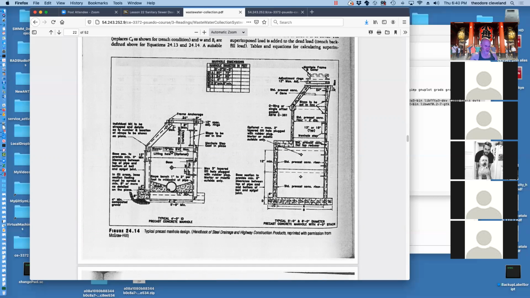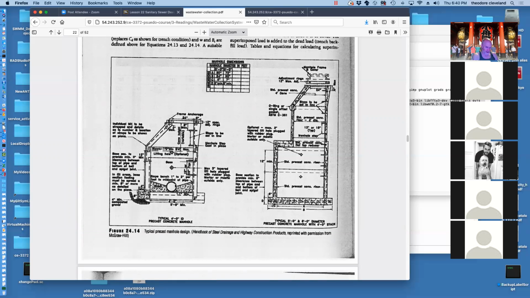It serves two roles. Its main hydraulic role is to prevent these corners from filling up with sewage solids, but the other role is as you climb down this ladder, it gives you a place to stand rather than standing in the open sewage.